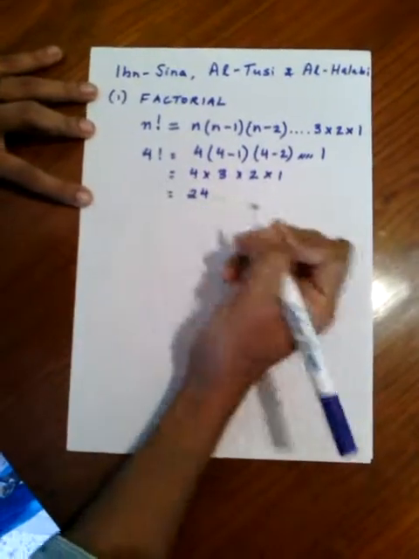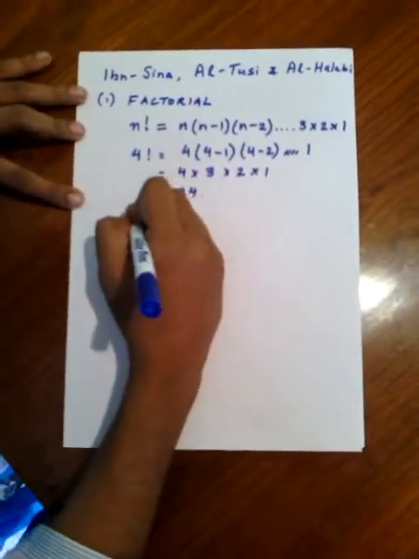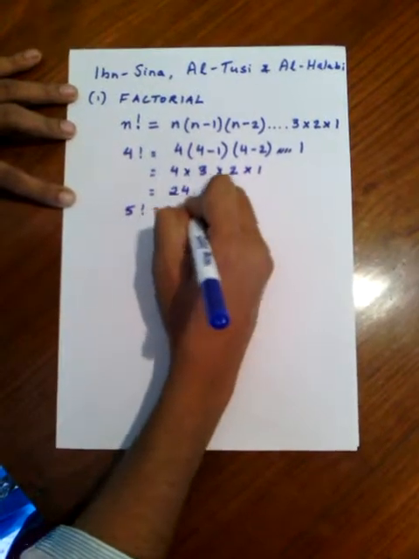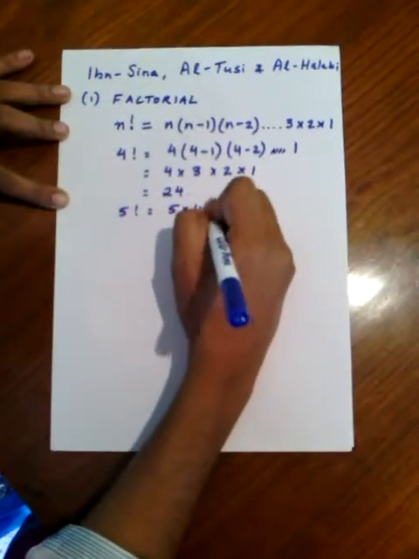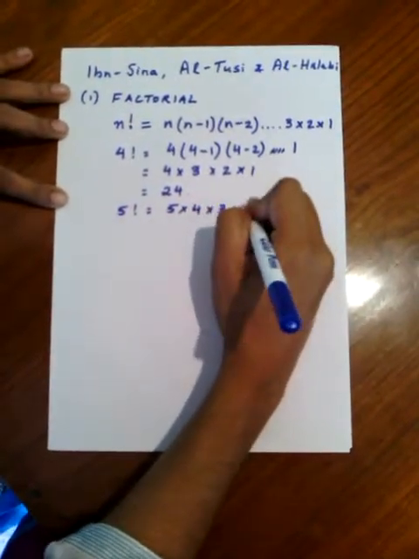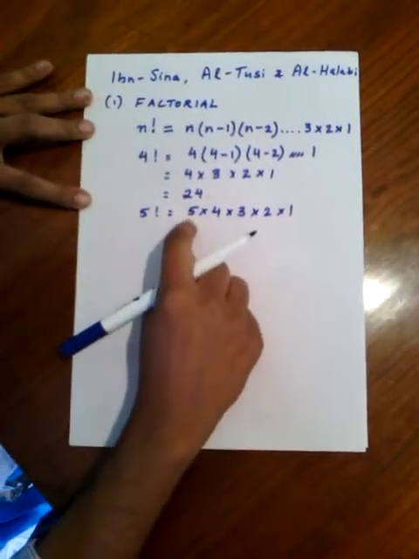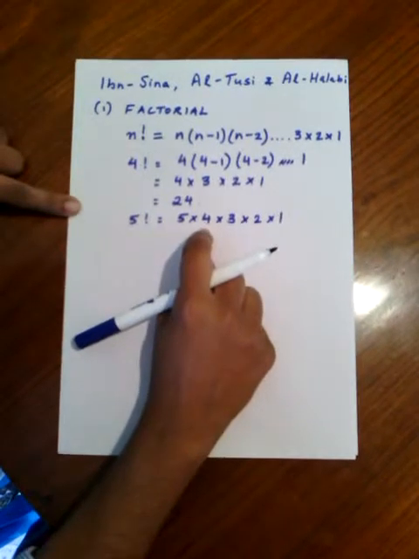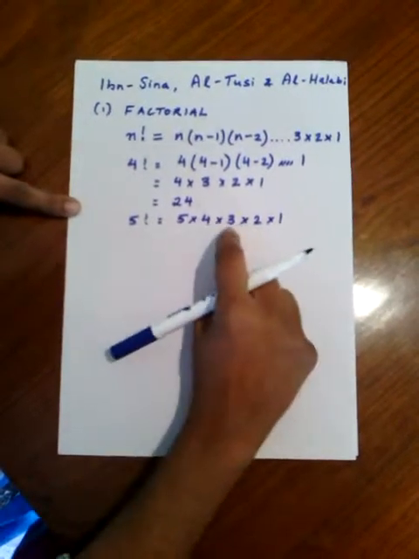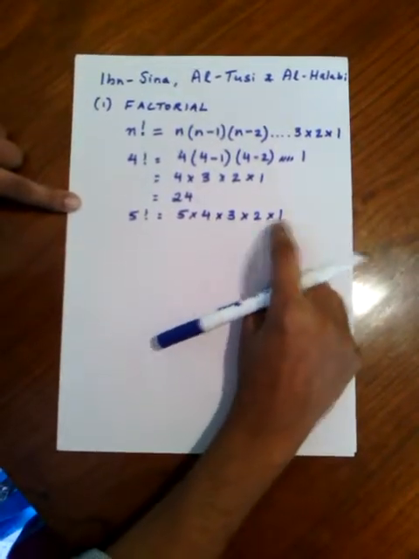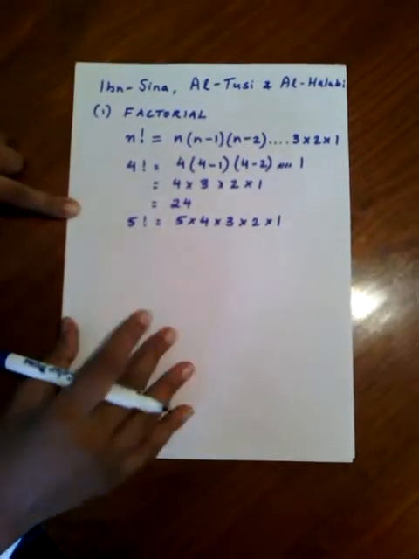Similarly, 5 factorial would be 5 times 4 times 3 times 2 times 1. So it's 1 less than the original number, which is 5. That's the next number, 4. And 1 less than that is 3. And 1 less than that is 2. And 1 less than that is 1.